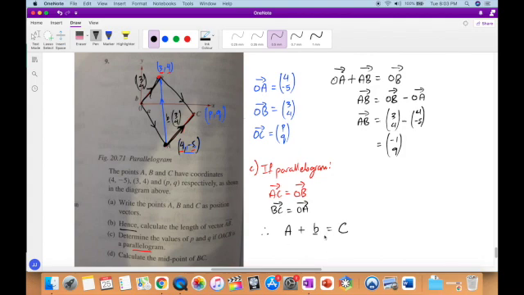In this case, we have the vector, we have the point A. The point A is 4, -5, plus the vector B, which is 3, 4. And that'll give me the point C, which is PQ.